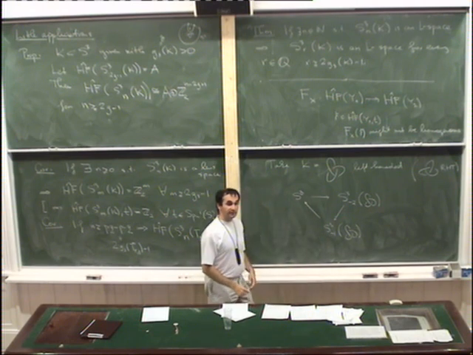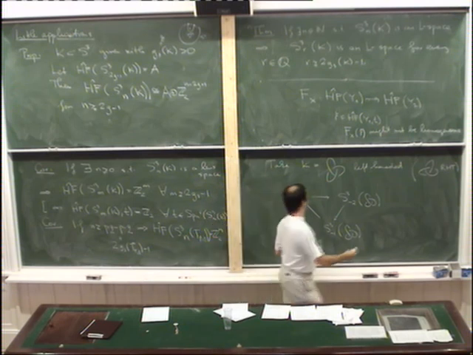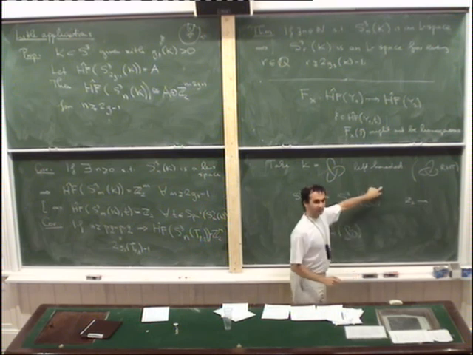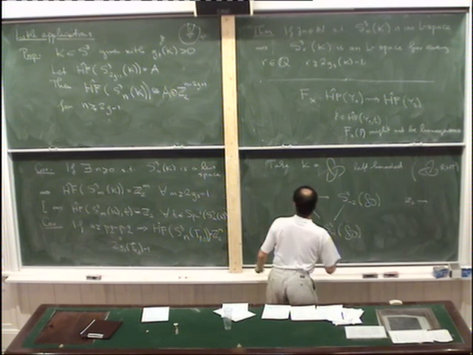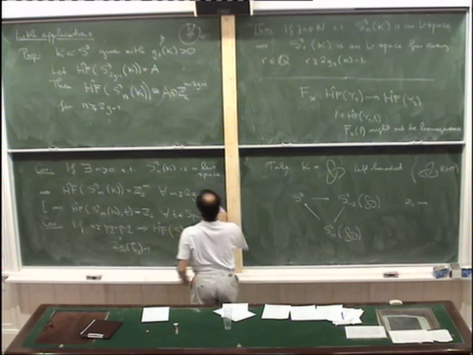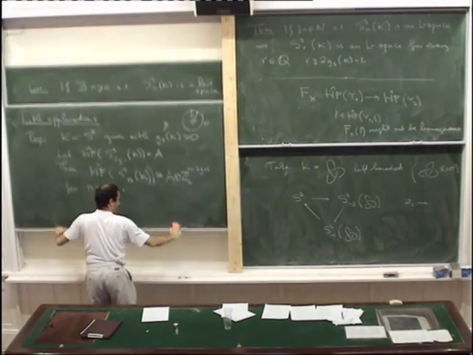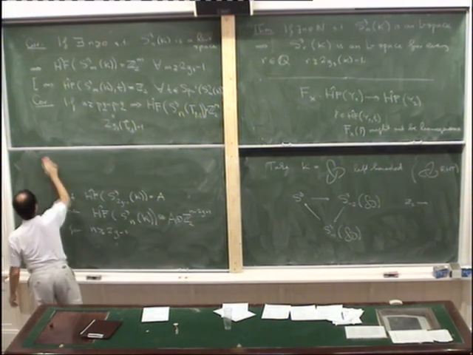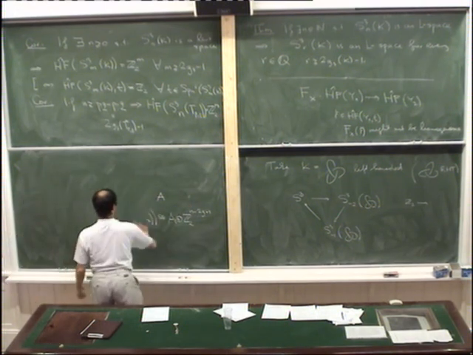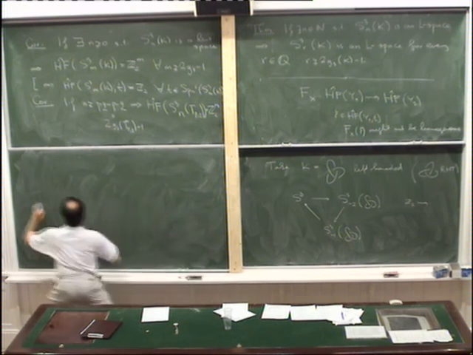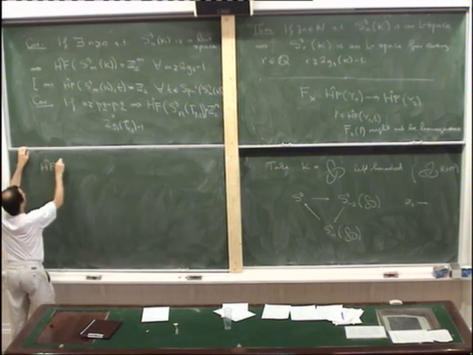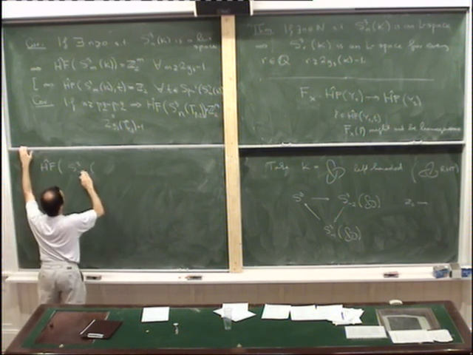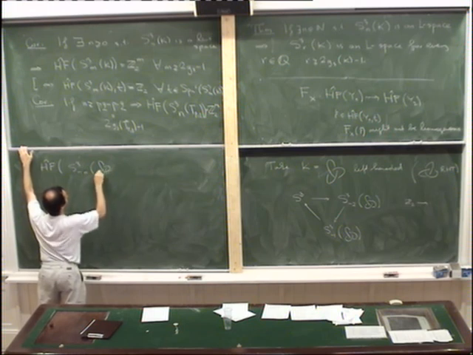So this induces a surgery exact triangle where we have Z2 from here. What is the Heegaard Floer homology of this one? So what is Heegaard Floer of S^3_{-2}, or actually S^3_{-n}, of the left-handed trefoil?